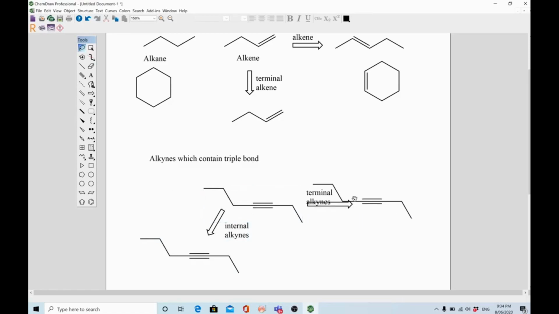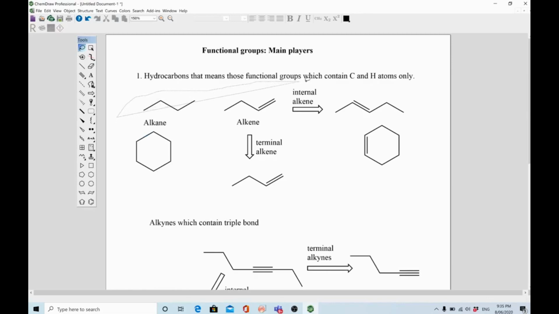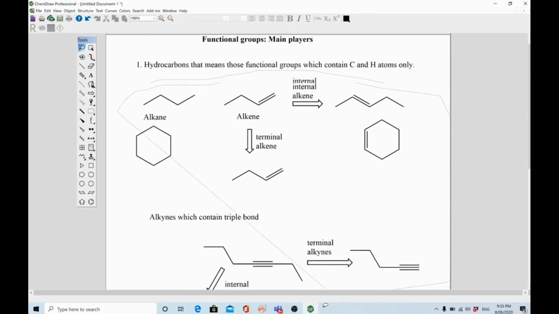But if you have a triple bond at the end of the chain, then that's called terminal alkyne. Alkynes are hard to make in cyclic form, but I'm not sure whether they can be cyclic or not.